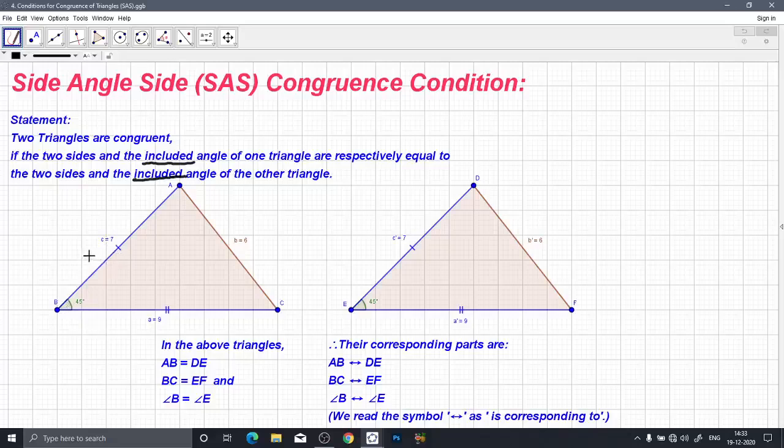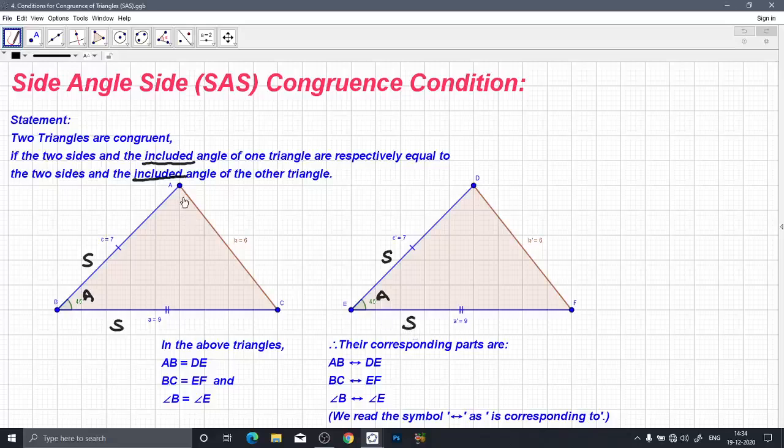Now this is S, this is A, which is angle, and this is S. The two sides and the included angle of this triangle are equal to the corresponding two sides and the corresponding angle of the other triangle. Then these two triangles are congruent by the condition SAS.